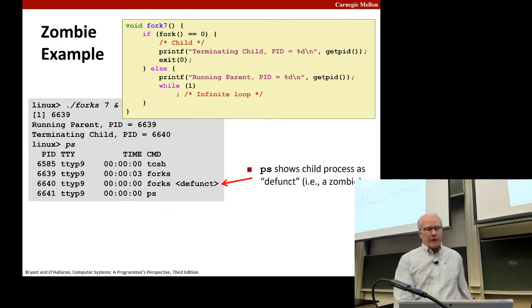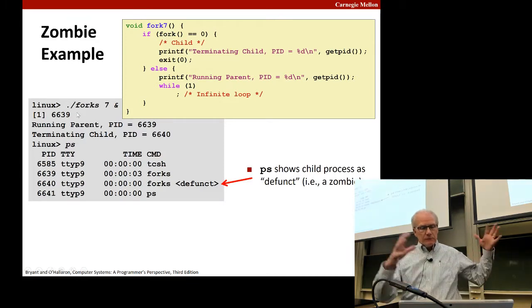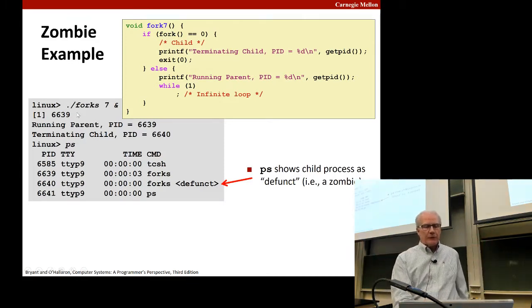And you'll notice the process IDs. Whenever you run a background command, the shell, the command line interface you have to the system, will print the ID of the process that was just created.